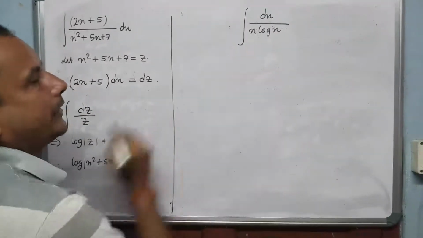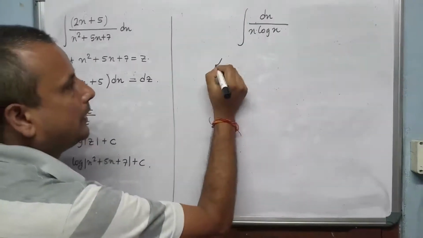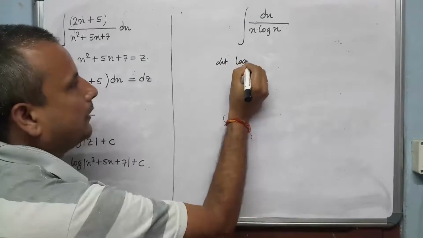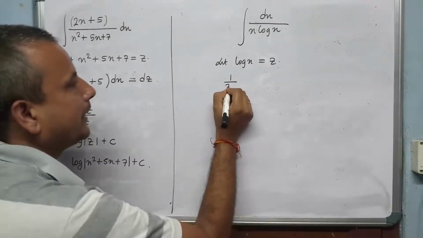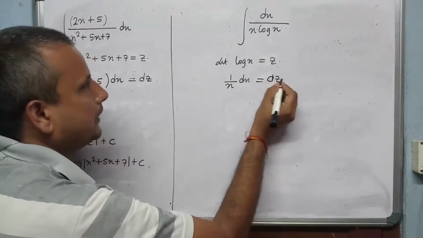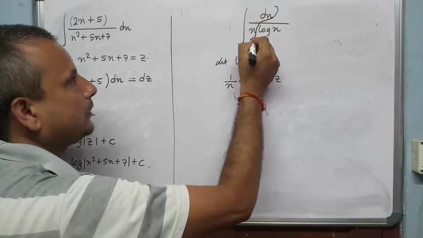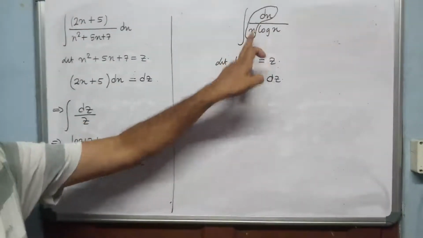Now the second question over here, in this case x log x is there. What will be the derivative of log x? 1 by x. So I'll consider let log x equals to z. The derivative of log x is 1 by x dx equals to dz. Now we are getting dx upon x is dz.